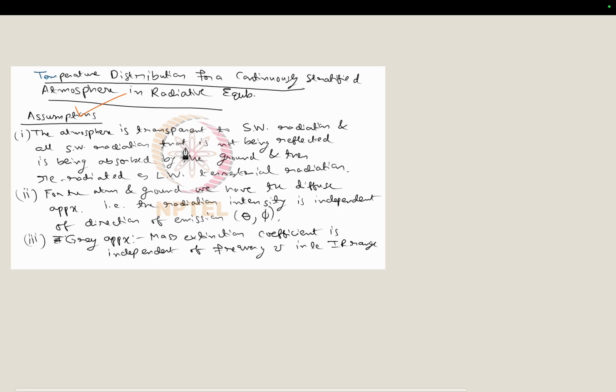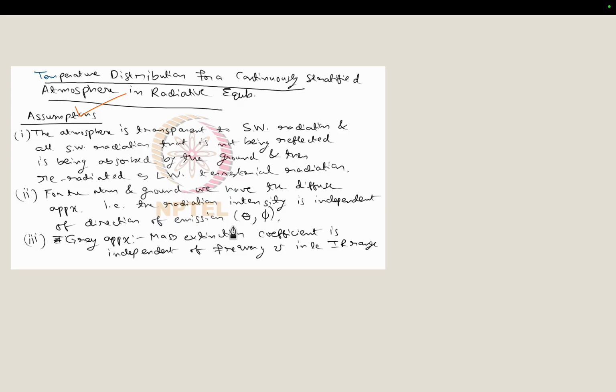This model was built on three assumptions, or three conditions, that were maintained while building it. The first condition was that the atmosphere is transparent to the shortwave radiation coming from the sun, and all the shortwave radiation that is not reflected by the Earth's albedo alpha is absorbed by the ground.